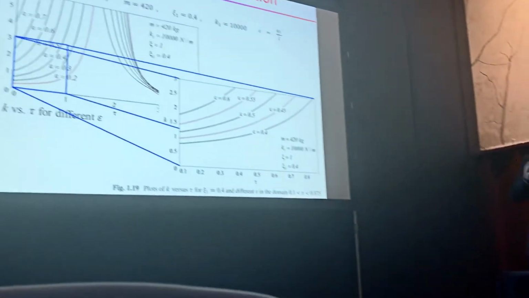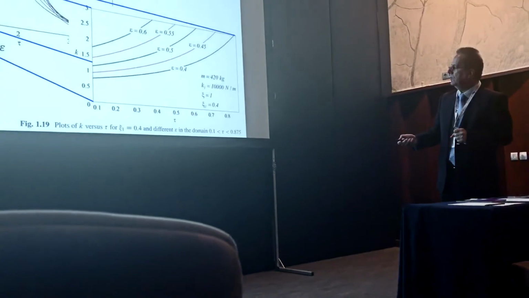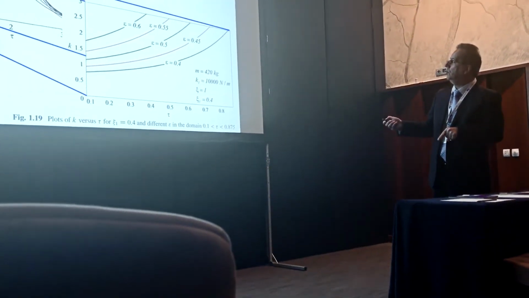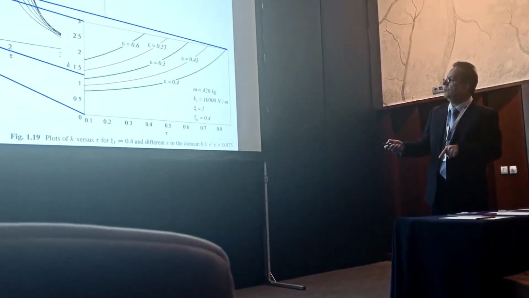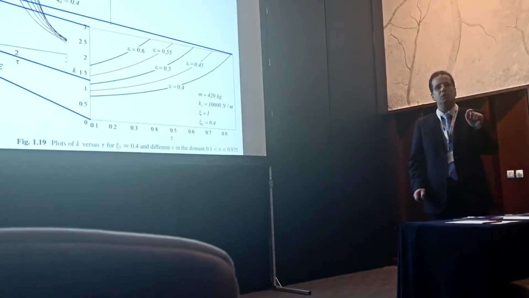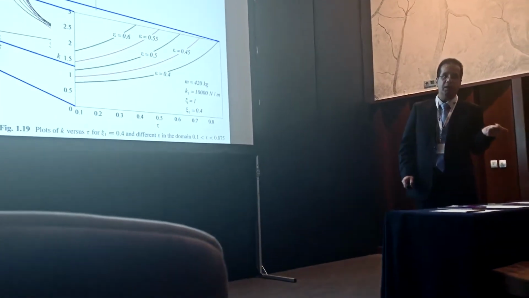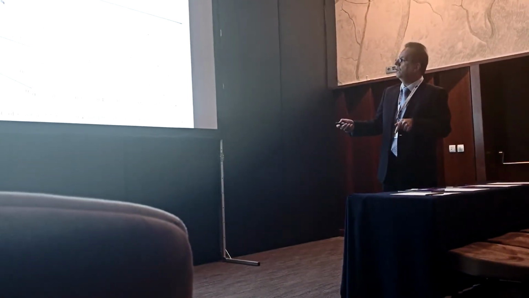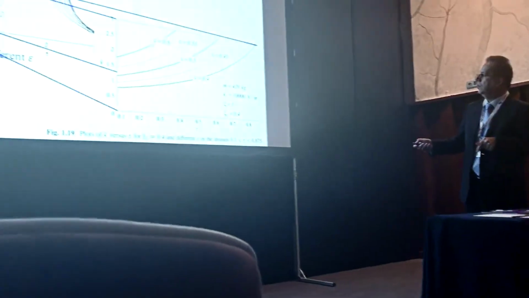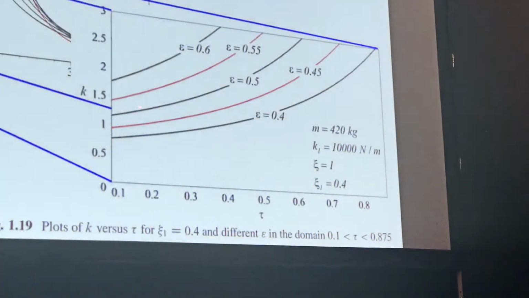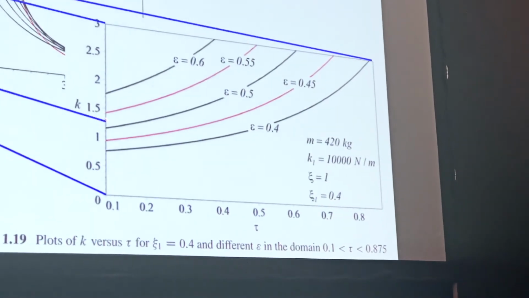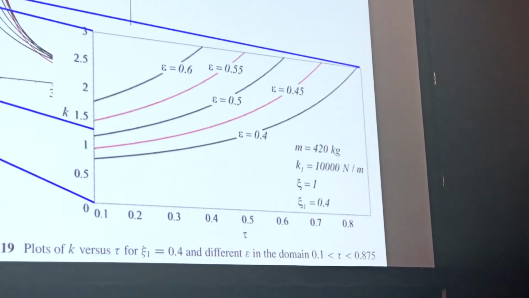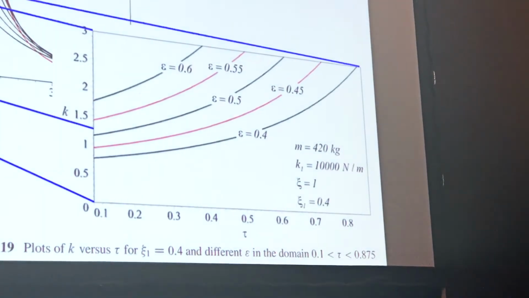Wheelbase was 2 point something meter. At this speed, you go up based on your epsilon, you go left, and you find out how much stronger the stiffness on the back must be with respect to the stiffness of the front. For example, if I'm driving here and go find here, go here, it gives me around 40% stiffer. So this is how we design the system.